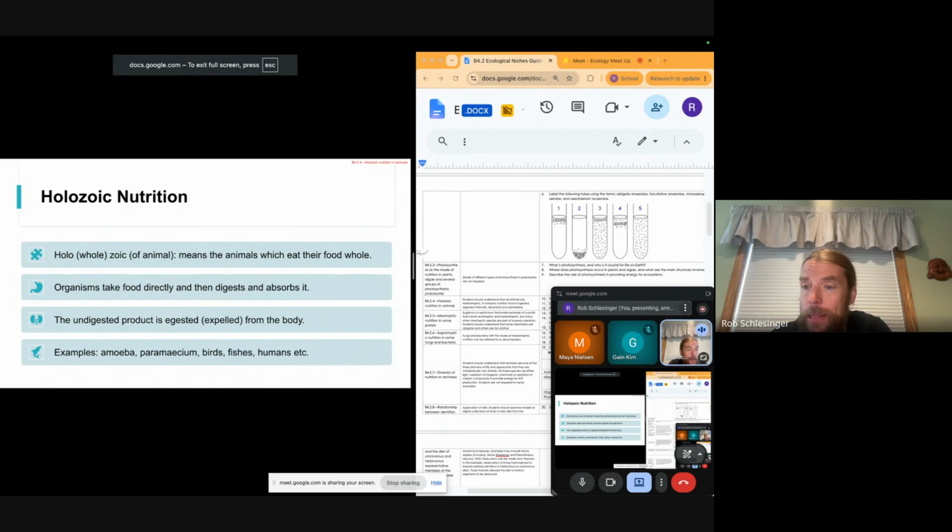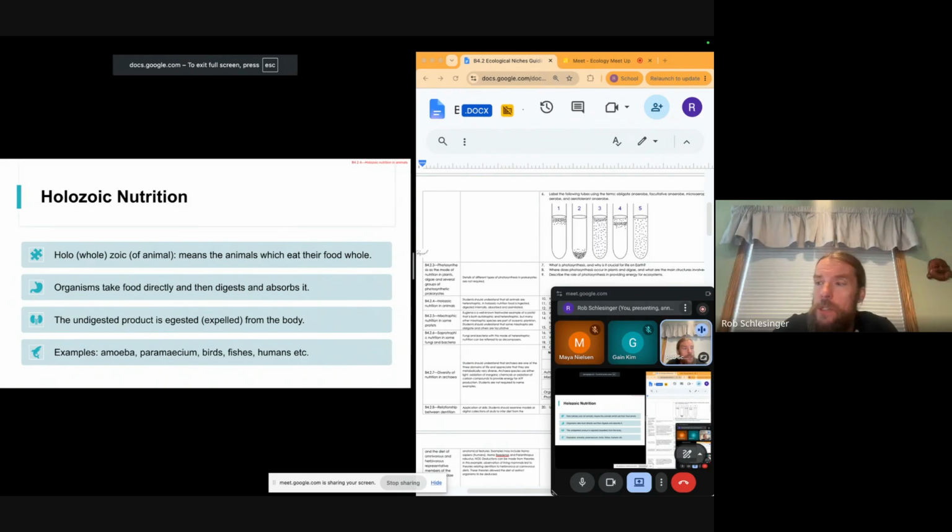Okay. And you might be saying like, why even have that qualifier? What organism doesn't do it? Well, there are these other things called saprotrophs. Mushrooms, for example, are saprotrophs. And what saprotrophs do is they excrete enzymes externally on food. So like mold, if you leave something in your refrigerator too long, mold might grow.